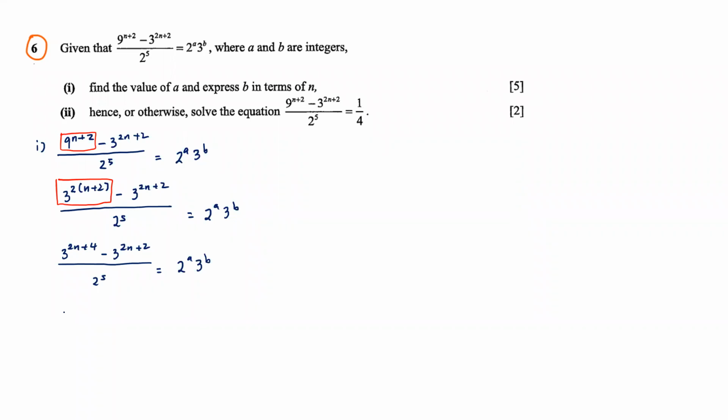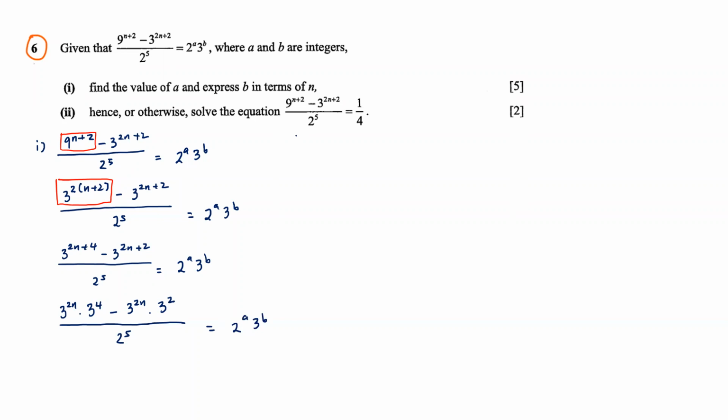Well, one of the laws of indices mentioned that if you have 3 to the power of 2n plus 4, we could split it up into 3 to the power of 2n multiplied by 3 to the power of 4. And if I'm not wrong, that is the converse of the first law of indices. And the second term can be split up into 3 to the power of 2n multiplied by 3 to the power of 2. Putting that together, the denominator remains the same and the right-hand side remains the same.